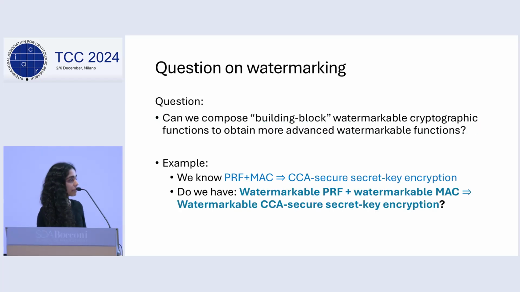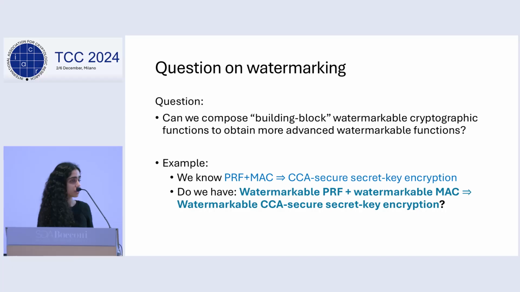As a concrete example, we know that pseudorandom functions and a MAC scheme give us CCA secure secret key encryption. So if we have a watermarkable pseudorandom function and a watermarkable MAC, is there a way to compose these to obtain watermarkable CCA secure secret key encryption?